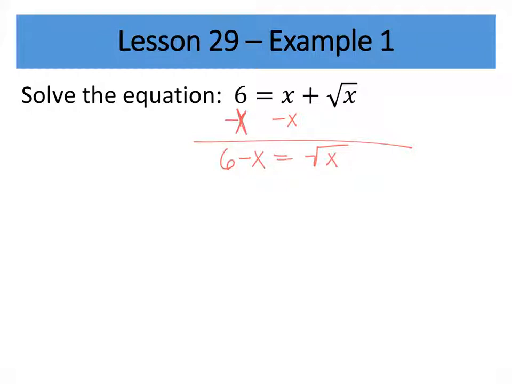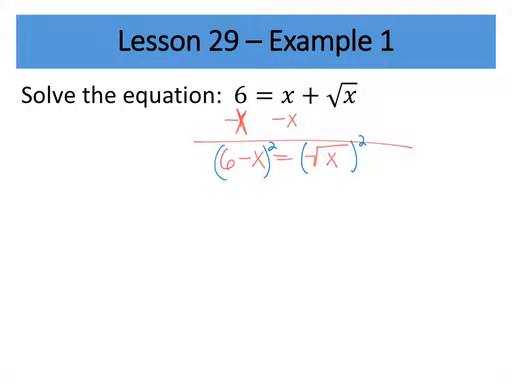Moving on, I now am going to try and get rid of this square root of x. And the way that we get rid of square roots is by squaring both sides. So I'm going to do this in blue. I'm going to square both sides of this equal sign. Now we can square both sides, so long as we're doing the same action to both sides.